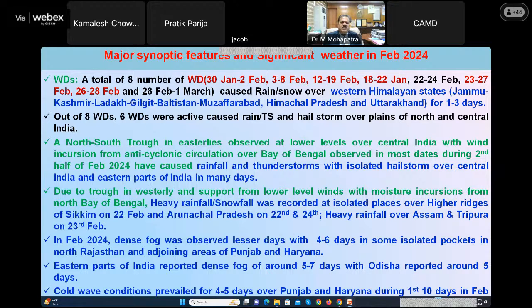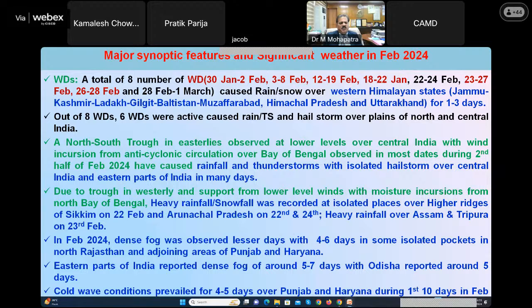Out of 8, 6 WDs were active, causing rain, thunderstorms and hailstorms over the plains of North India and Central India. In addition, there was a north-south trough in easterly winds in the lower levels over Central India, which helped in moisture incursion from either the Bay of Bengal or the Arabian Sea, and hence we could get rainfall and thunderstorm activity over central and eastern parts of the country on certain days.